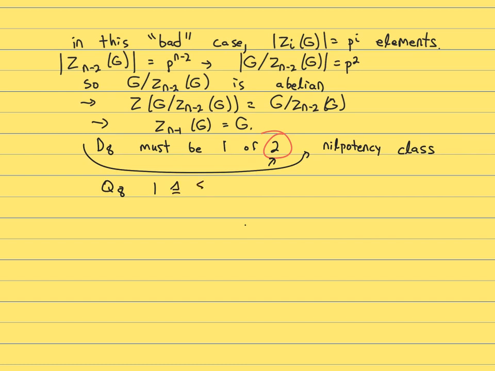The center of the quaternion group is {1, -1}. And so then that's it. And yes, you can check the quotient of Q8 by its center, you might recall, is the Klein 4 group, C2 cross C2, which is abelian. So yes, it's definitely nilpotency class 2.